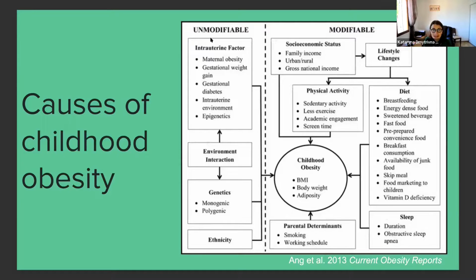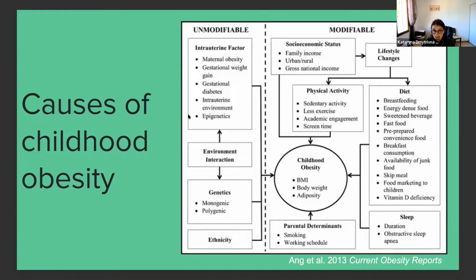There are also many intrauterine factors, and here they are called unmodifiable, but I would argue that some of them can be modifiable if there is substantial education, but some are not. For example, gestational diabetes, this is something that cannot be modified, while education on gaining weight during pregnancy is somewhat modifiable, although not completely.